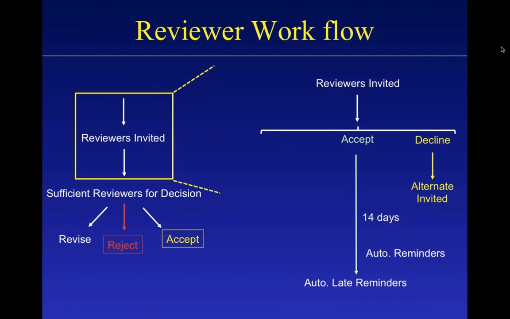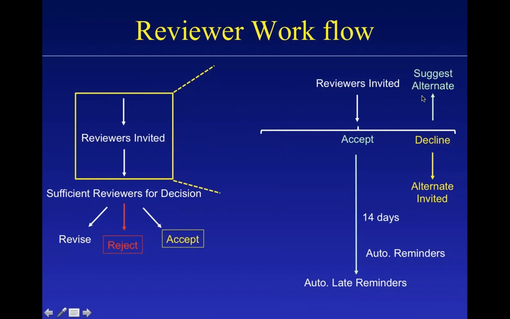If the potential reviewer declines, then an alternate is invited, and actually the way we set up the system, I usually, and other editors also, nominate a couple of alternates right away at the same time that we assign the primary reviewers, so that when someone declines, the alternate may be automatically invited.